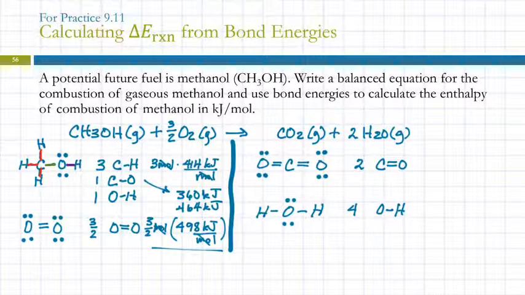So get out the calculator. 3 times 414, plus 360 plus 464, plus 3 divided by 2 times 498.